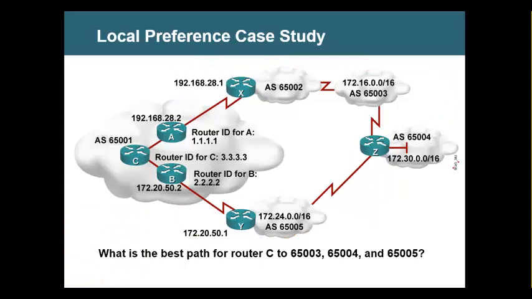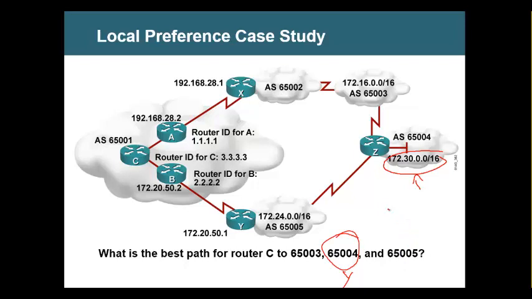Fine. To reach this network, instead of Z, I want to mention 172.30.0.0, which is in autonomous system 65004, you said we have to go via Y. Fine.